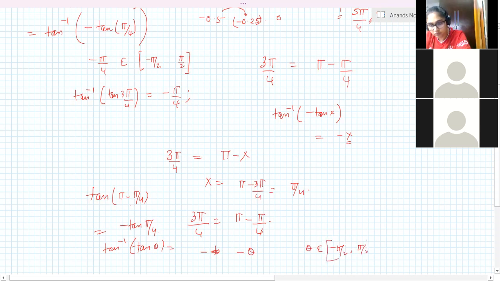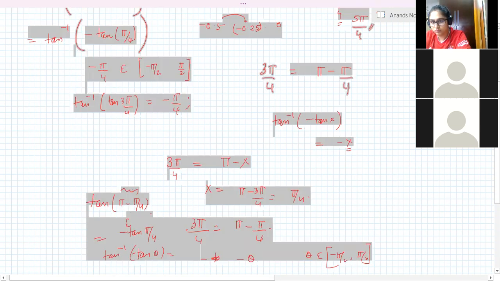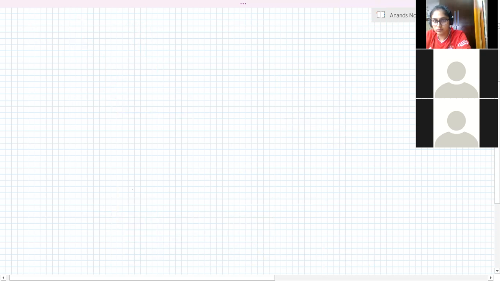We are getting that now. We don't mind if this minus sign comes here, so long as that angle you have maintained here. We'll do one more like this. Sine inverse of sine 3 pi by 5.